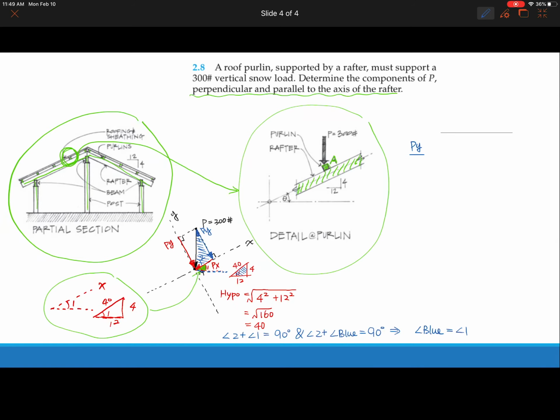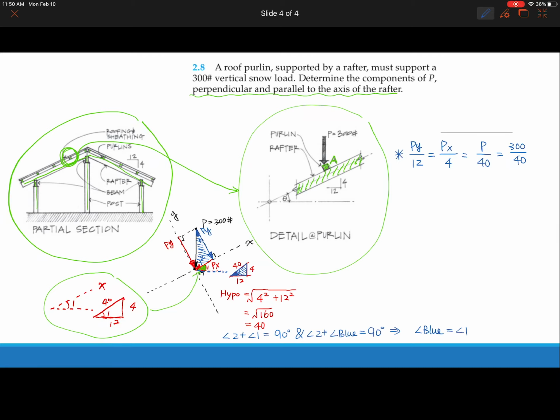Py is the adjacent side of angle 1, right? In the smaller triangle, the adjacent side of angle 1 is 12. So Py's corresponding side is 12, Px's corresponding side is 4, and the hypotenuse P's corresponding side is 40. And P is 300, which is given.